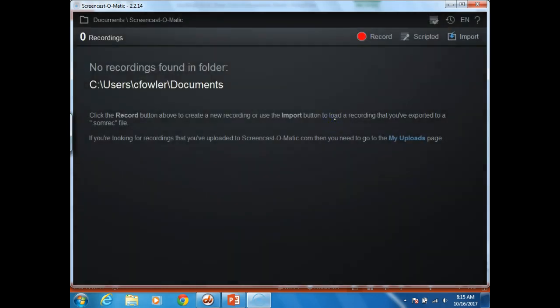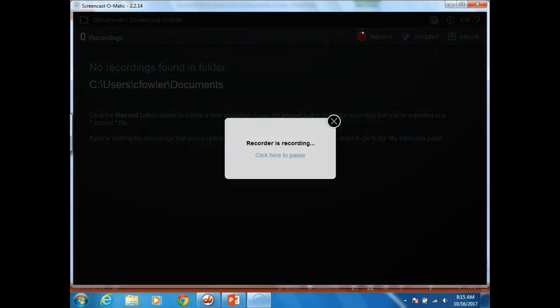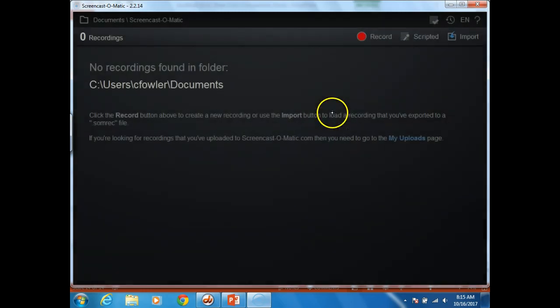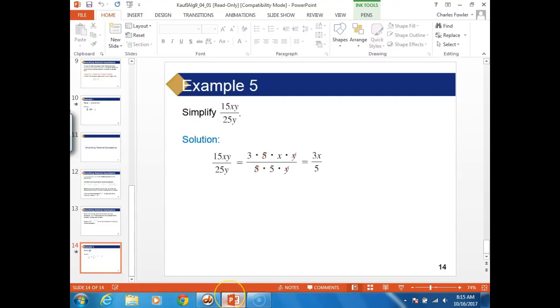Oh, come on. Can't get the pen activated, and I don't see how to do it. So I guess we'll go without.